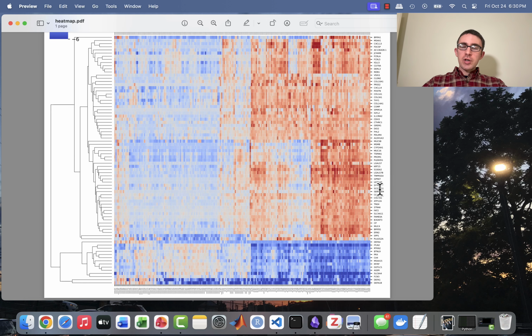We need to standardize the measurement of high or low expression across different genes, because the CPM measurements for these genes could be very different, but we want to use the same color scale for all the different genes.